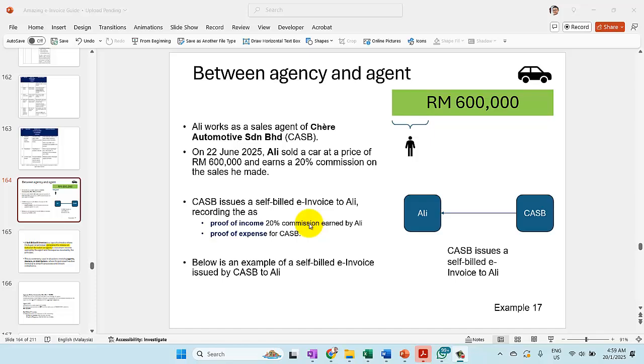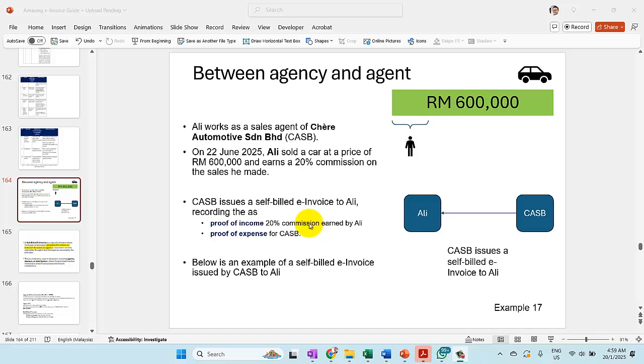Okay, when a car is successfully sold to a customer, what happens to the e-invoicing system between the agency and agent? Bear in mind the agent is not an employee.